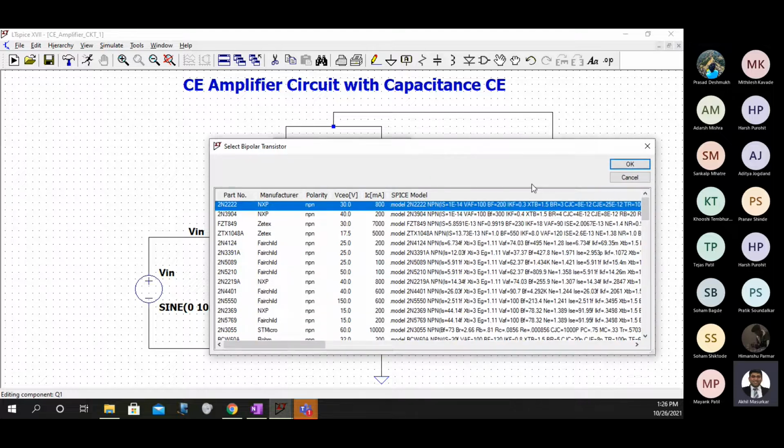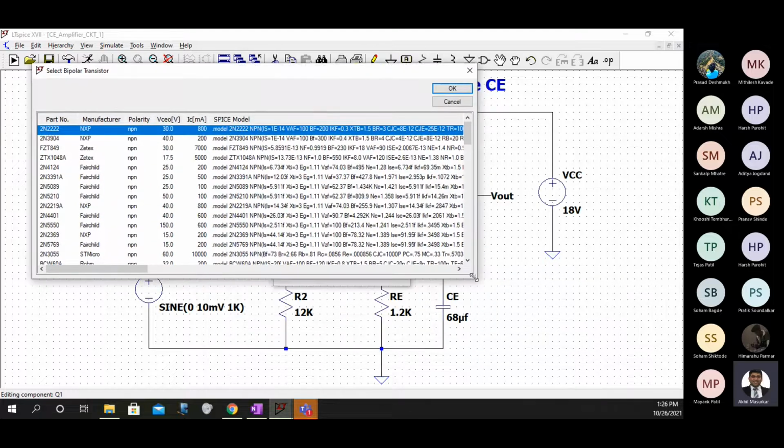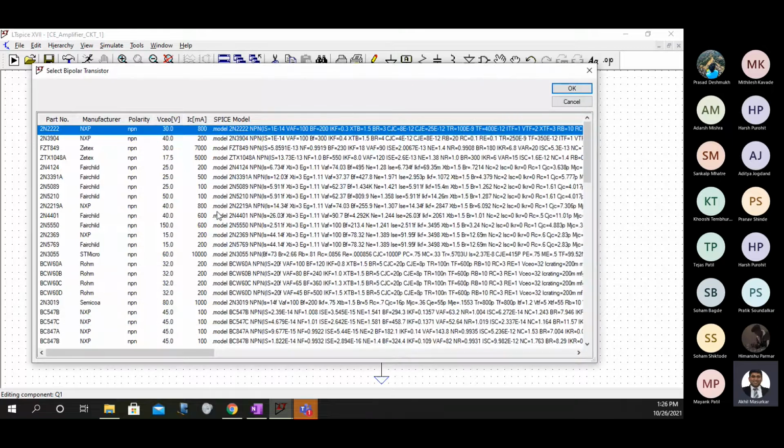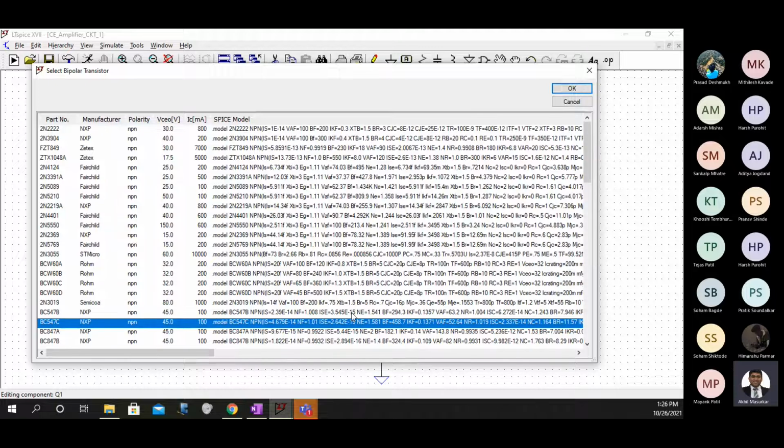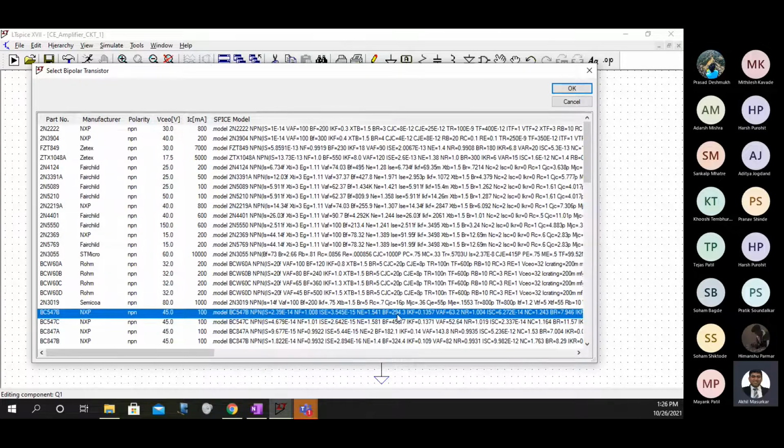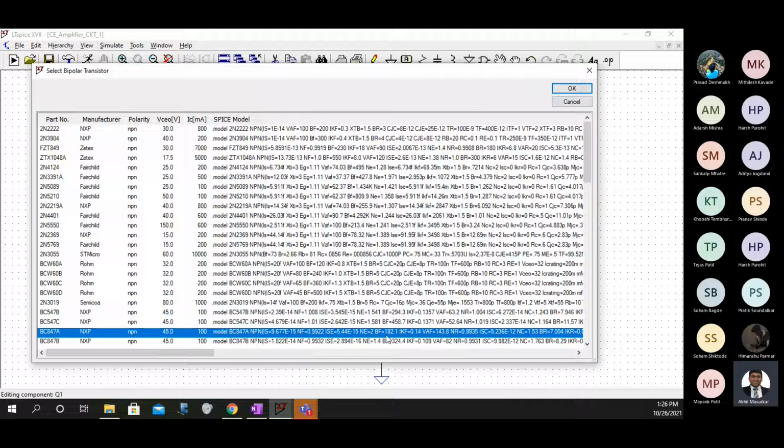So let me just expand this and let's try and see which is the transistor which is close to the BC transistor. So you can see here BC547 has got a beta of 258. BC547B has got a beta of 294. BC847 has got a beta factor of 182. So we want around 220.